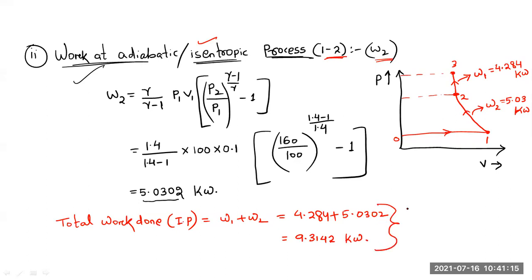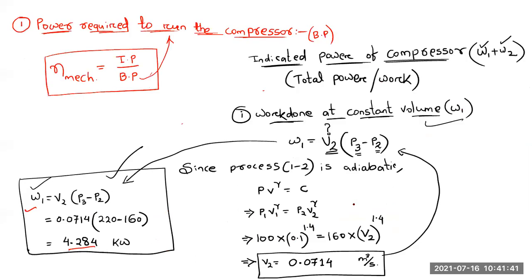This is the total indicated power. Here we are getting 5.03 kilowatt in the isentropic process, and in the constant volume process we are getting 4.284 kilowatt. So the total indicated power is W1 plus W2, 4.284 plus 5.03, which gives 9.3142.